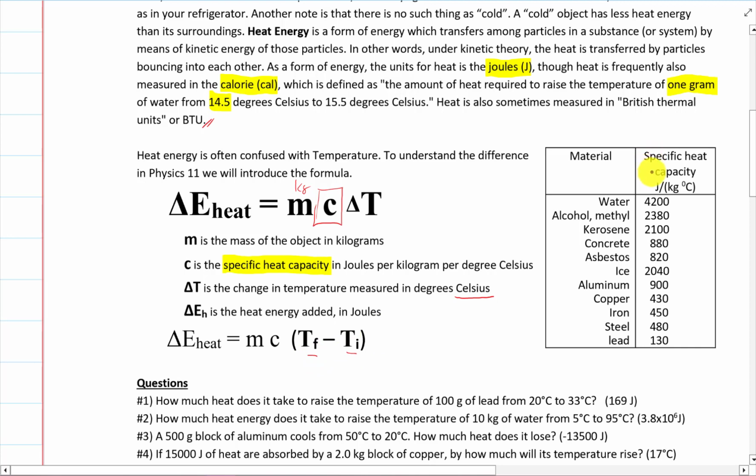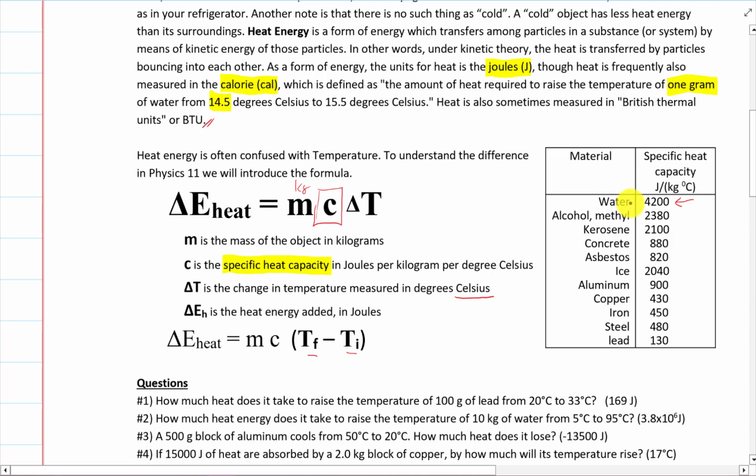The specific heat capacities of different materials are right here. Water, 4,200. We'll be giving you these, or you'll have to calculate them. You won't need to memorize this table, but it's here to help you with some of the questions down below. So different things take a different amount of heat. What does this 4,200 mean? It takes 4,200 joules of energy to raise 1 kilogram of water by 1 degree Celsius.